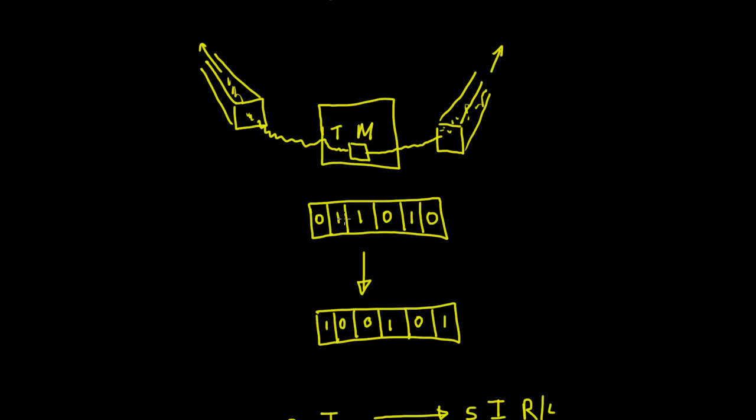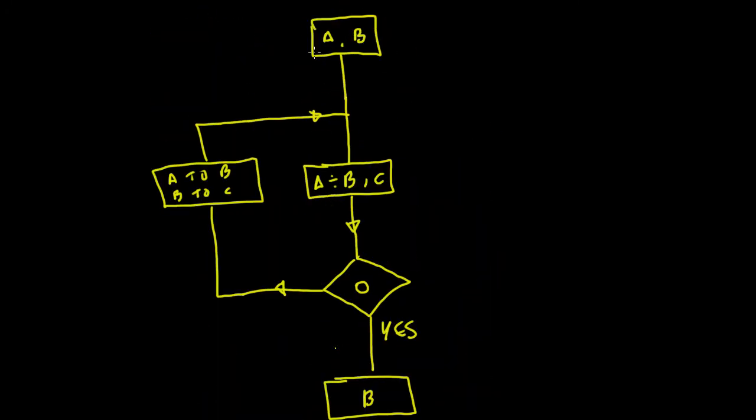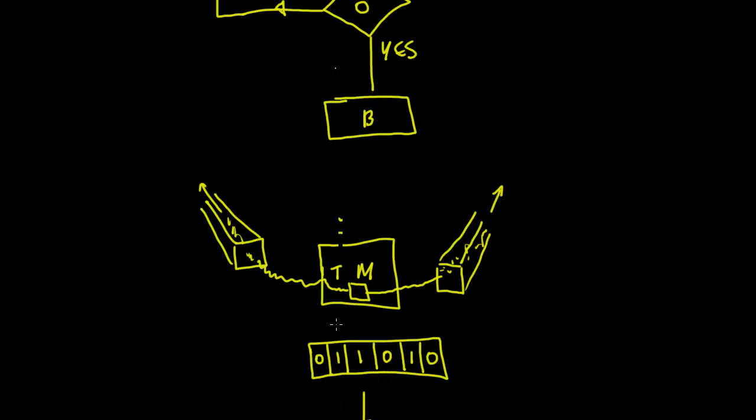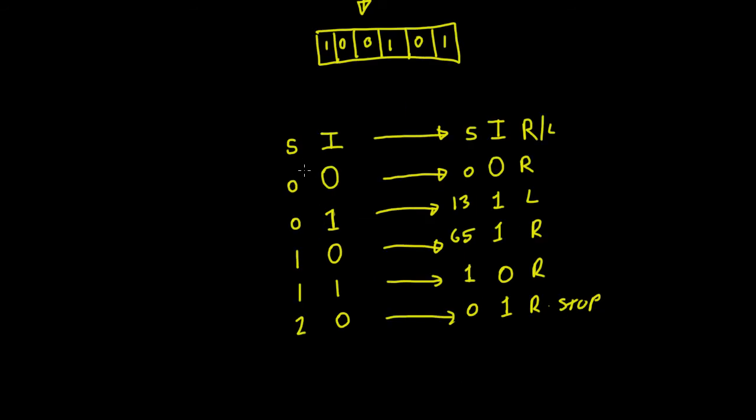So in effect, this here just looks like an algorithm machine in the same sense that up here we take in the input, we go around the algorithm, and we get an output.